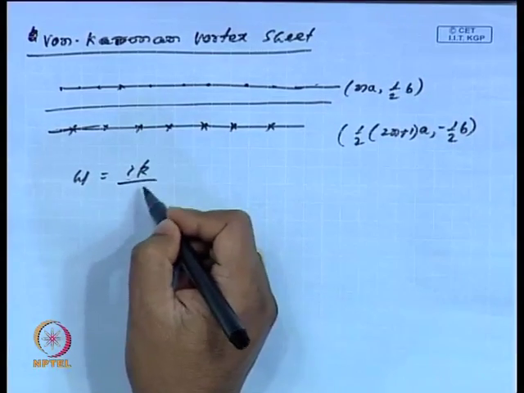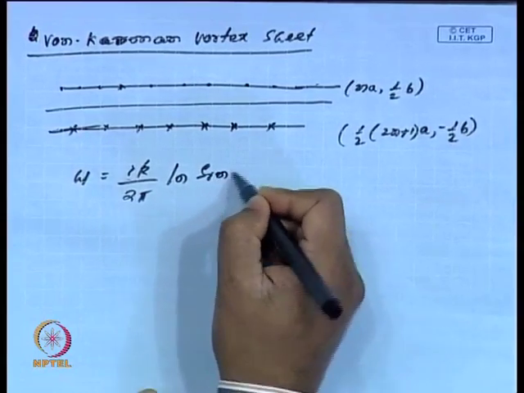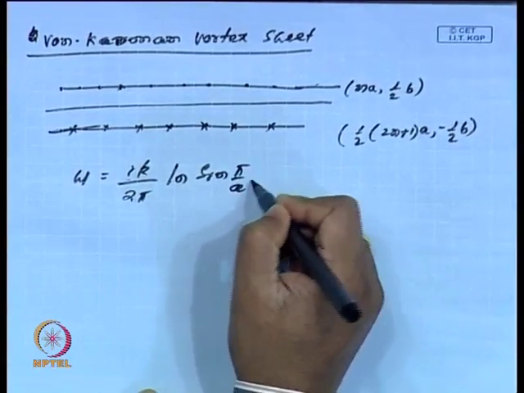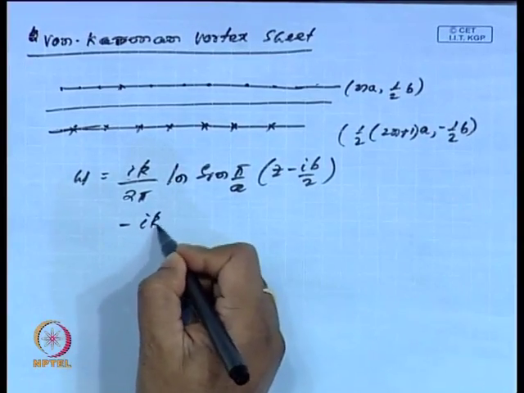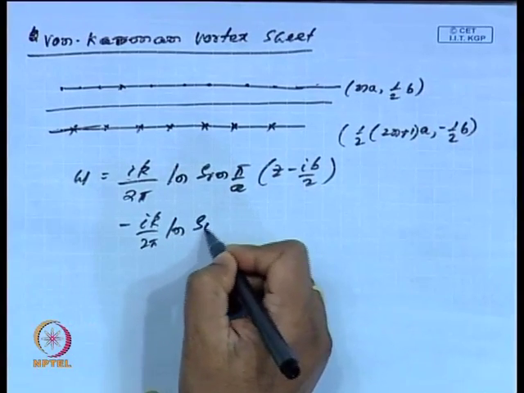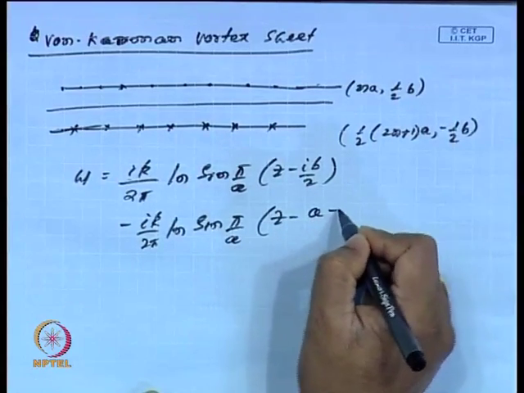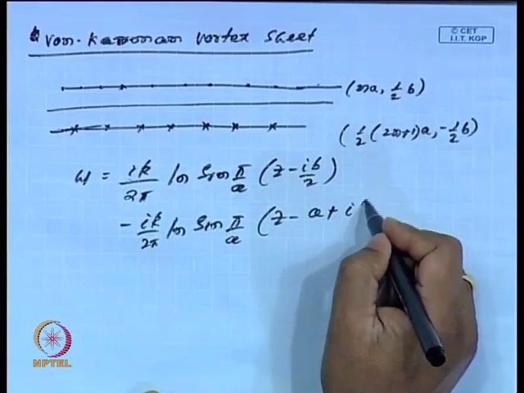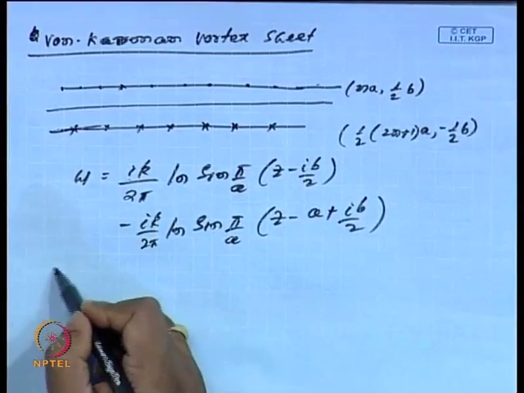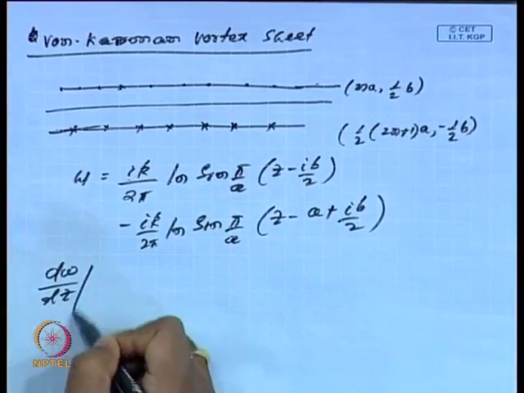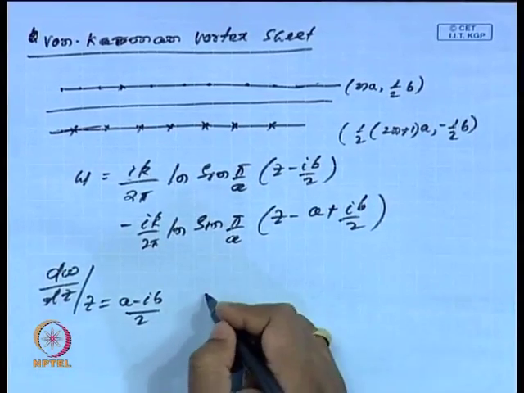If you look at the corresponding W, we will get i k by 2 pi log sin pi by a into (z minus i b by 2), then minus i k by 2 pi log sin pi by a into (z minus a minus i b by 2). And if I calculate dw by dz at z is equal to a minus i b by 2, then what will I get?